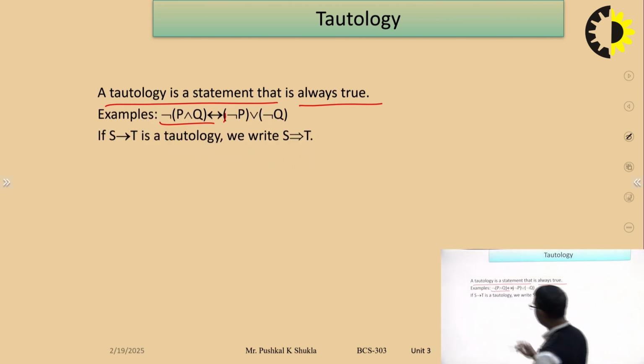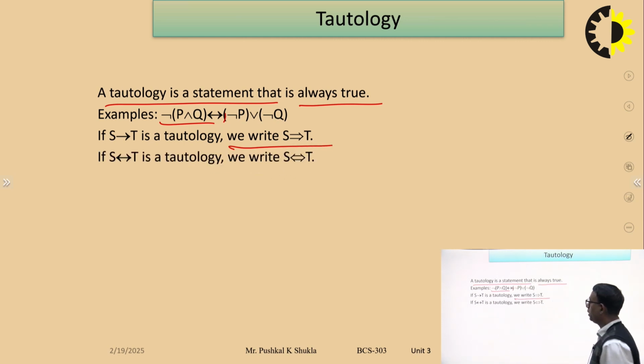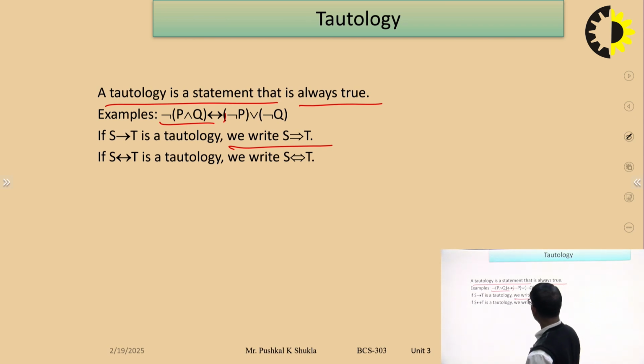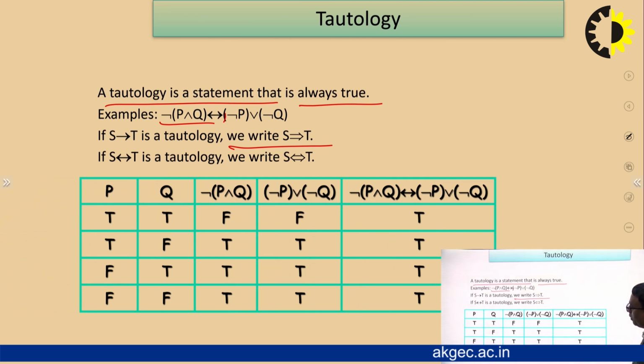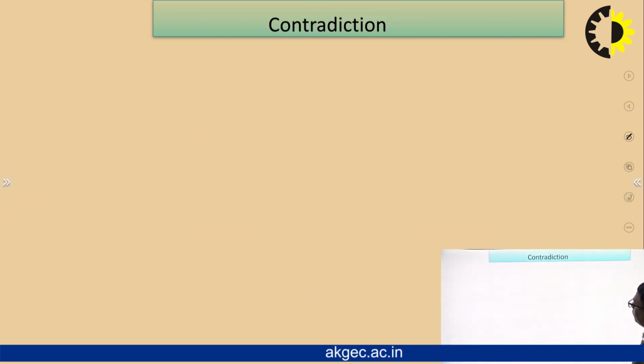If S implication T is a tautology, we write S is logically equivalent to T. Let's see with the examples.